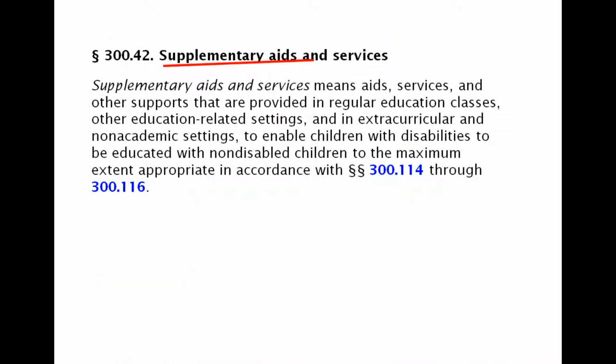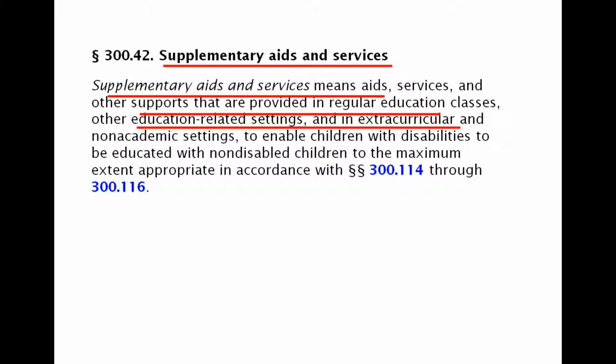Finally, I've included a definition of supplementary aids and services in this least restrictive environment section, and for good reason. Supplementary aids and services are used to provide support in the regular classroom so that your child can be educated in a regular setting, be involved in extracurricular and non-academic settings with children who don't have disabilities to the maximum, and maximum is key here, extent appropriate.